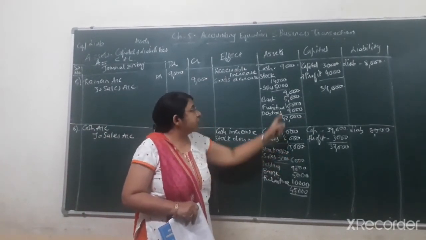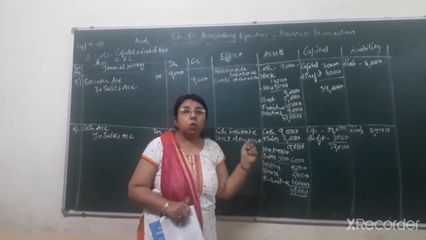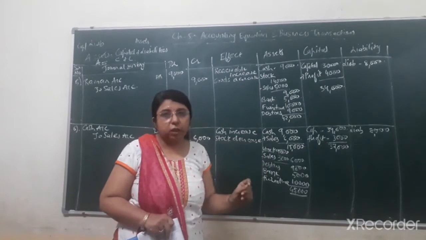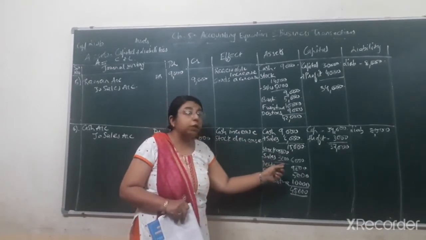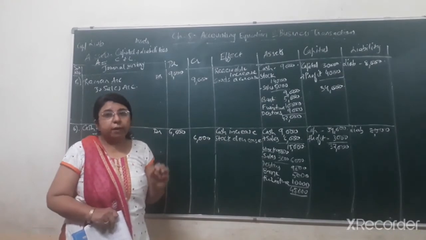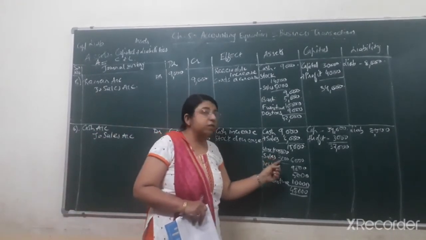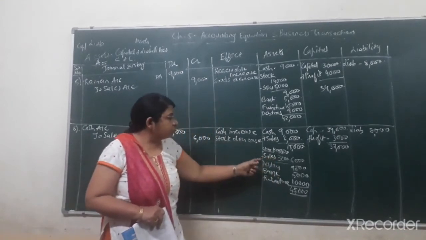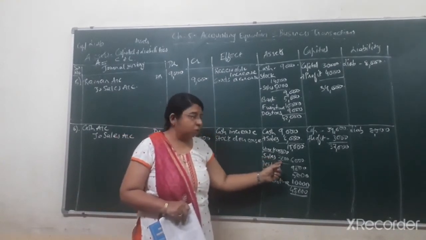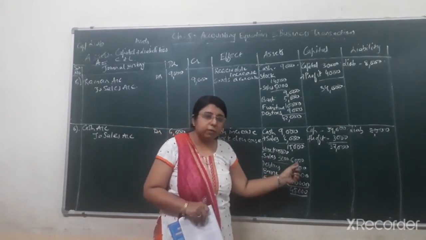Stock was previously 9,000, and in that, due to sales, here also the actual worth of stock is 3,000. So you will subtract from stock only rupees 3,000, not 6,000, because at 6,000 price you have sold, but actually the worth of that stock is only rupees 3,000. So 9,000 minus 3,000, now the stock value would come to 6,000.